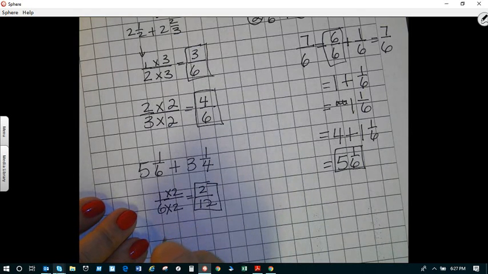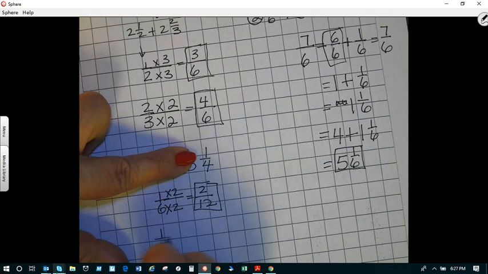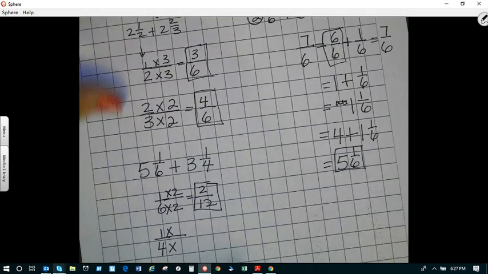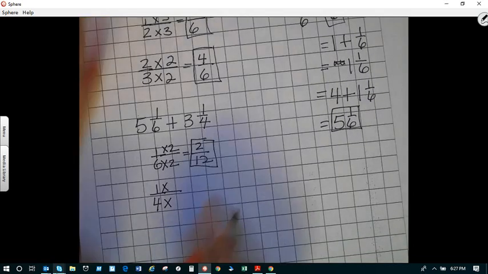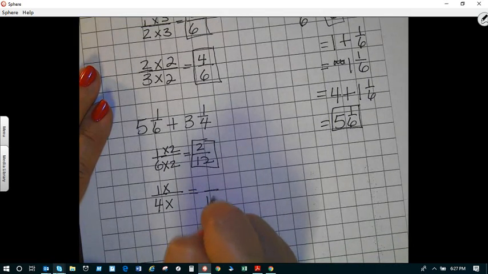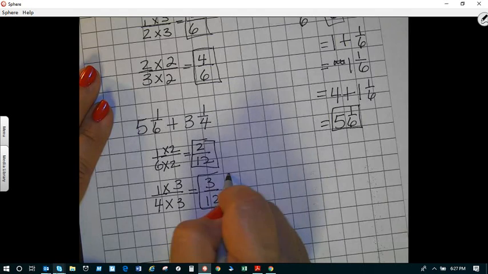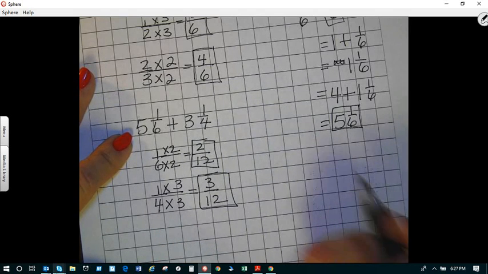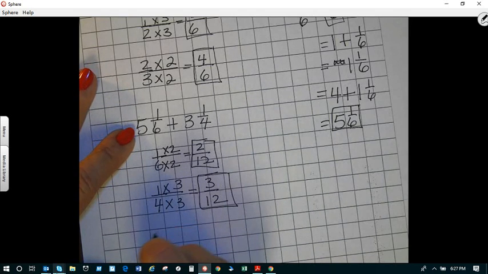Here I have 1/4. Extend it out. I'm going to put my multiplication sign there so that I know what I need to do. Equals, this is going to be over 12. 4 times 3 equals 12. 1 times 3 equals 3. There's my new equivalent fraction. Now I'm going to add these up. So I have 5.